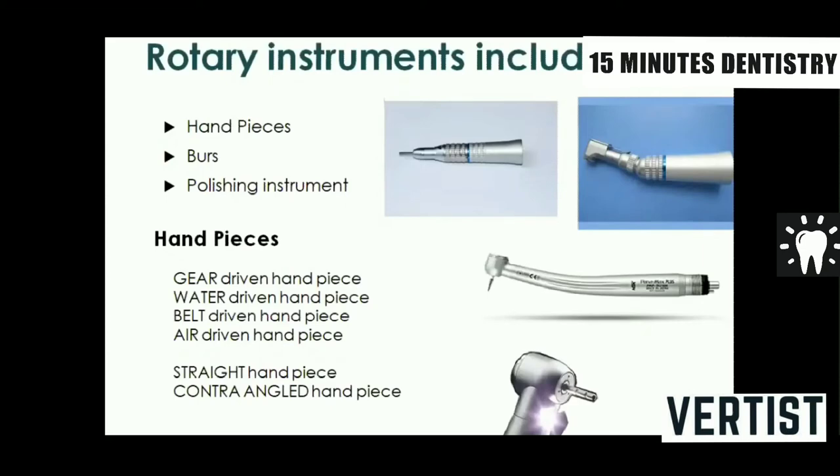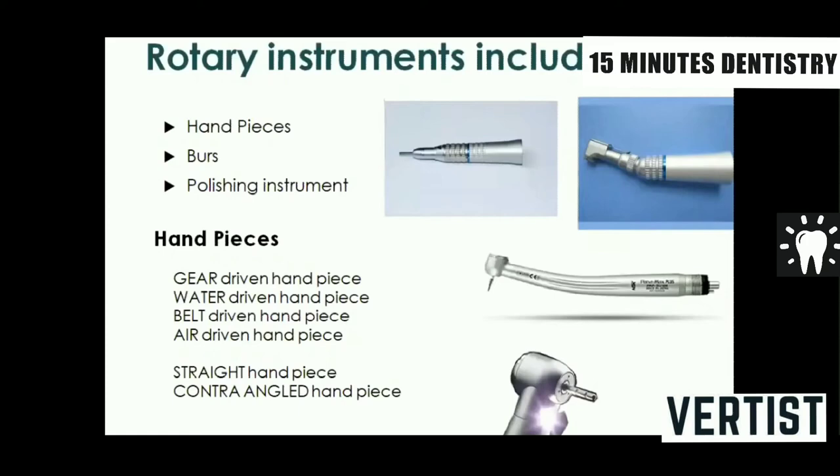Rotary instruments: we are all very aware of the handpieces, the burrs, and all the other finishing and polishing instruments. You are all well versed with the handpieces and the micromotor handpieces, that is, the quadrangle attachments, straight handpiece, and the aerotor handpiece.